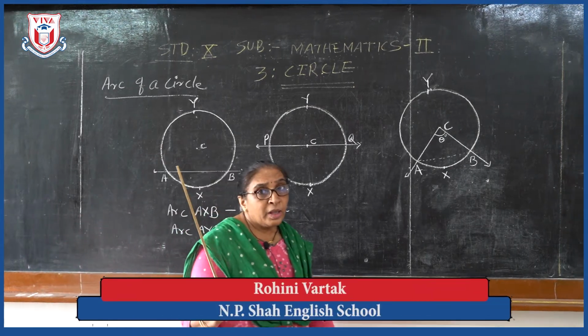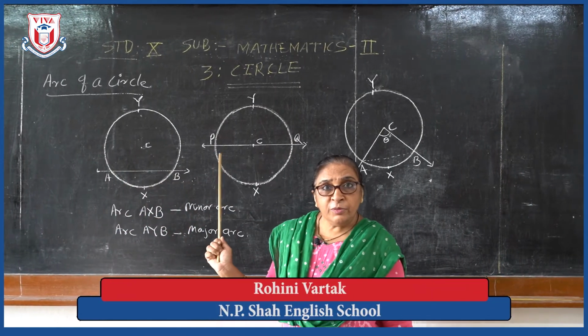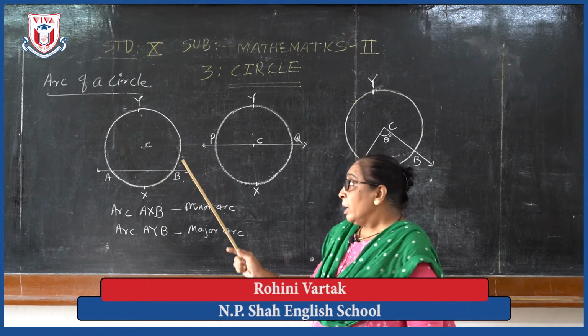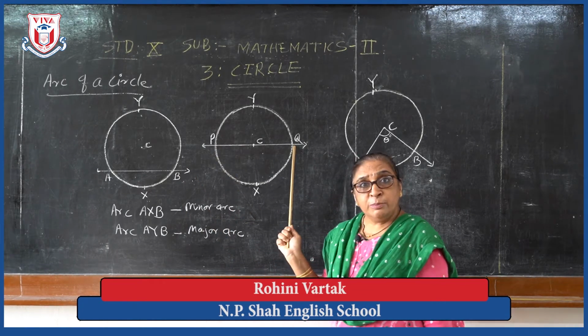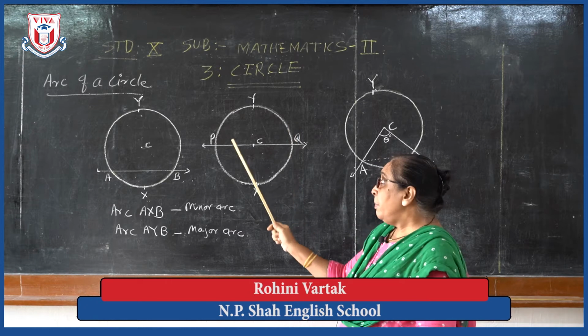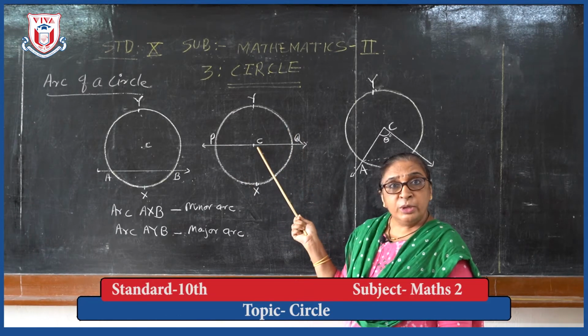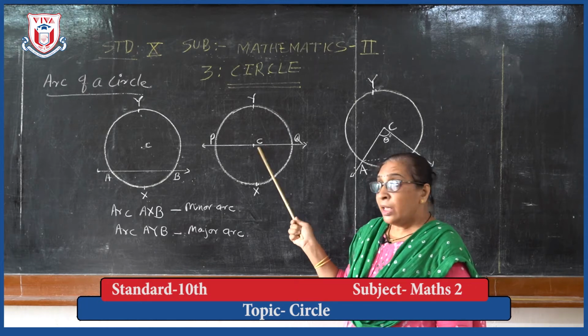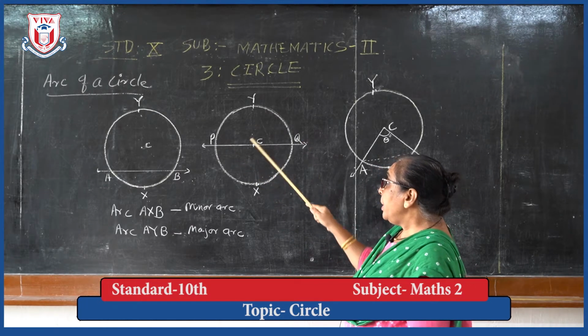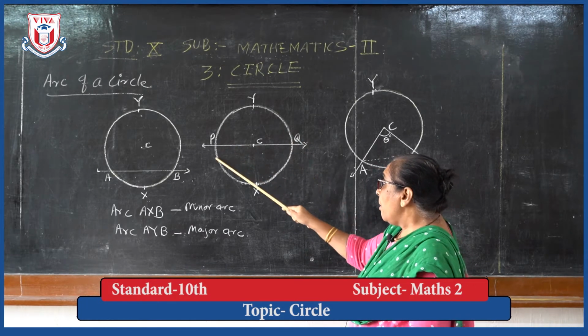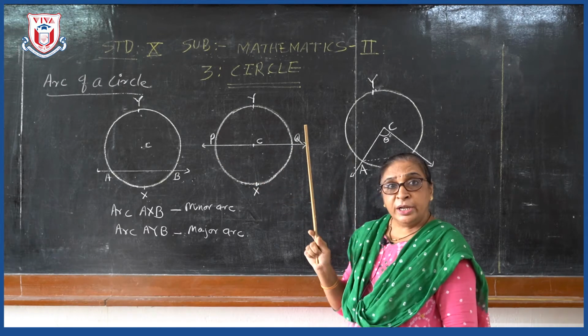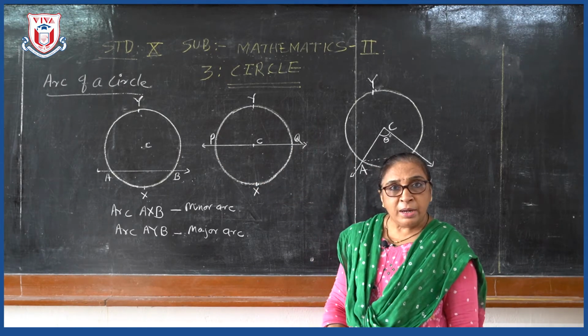Now in the next figure, if you see, line PQ is passing through the center, means PQ is a diameter. And because of that diameter, the circular parts are divided into 2 equal parts.